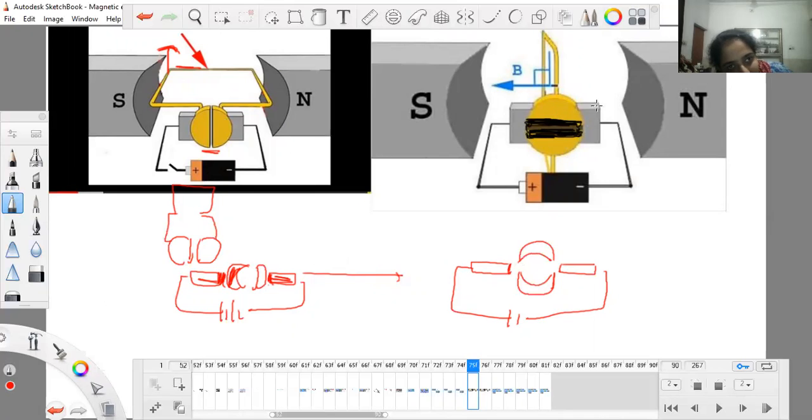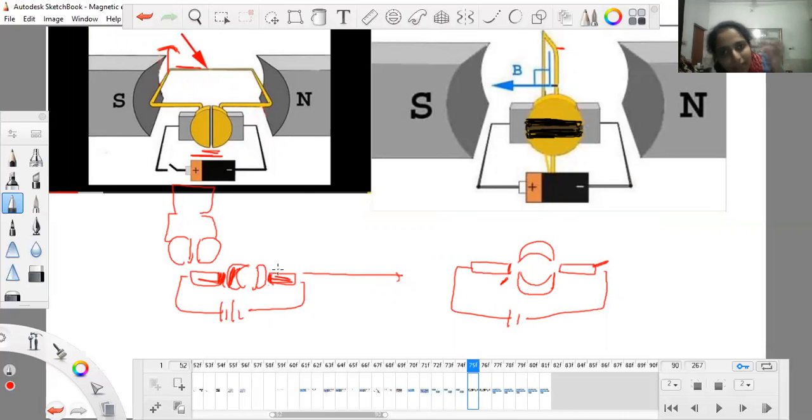But as the armature goes upward and comes into the vertical position, the shape of the split ring completely changes. At this time you can see how the movement of the split ring breaks the connection with the carbon brushes. At this time they are just attached.